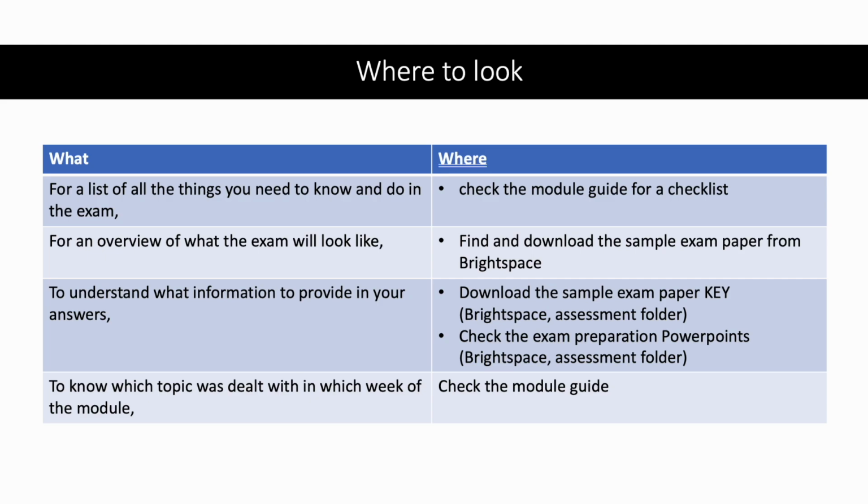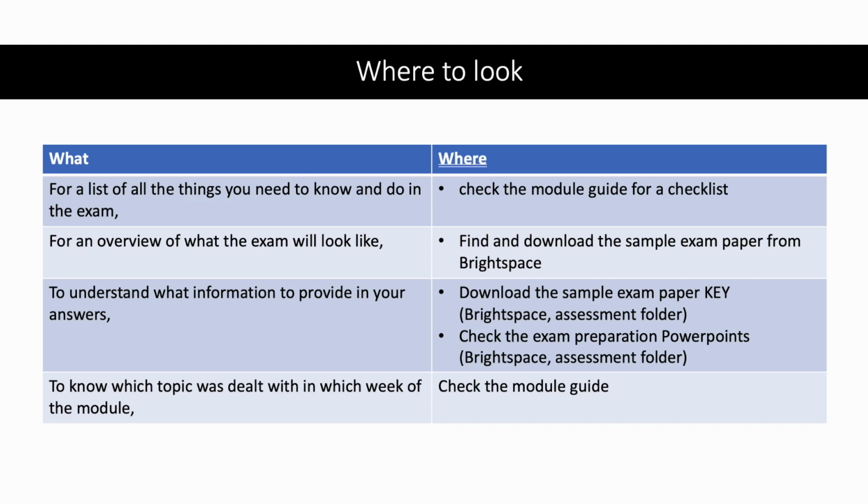Where do you look to find the stuff that you need? Well, for a list of all the things you need to know and do in the exam, you can find that under Module Guide on the Brightspace page. There are checklists available. For an overview of what the exam will look like, download the sample exam paper, again, on our Brightspace page.